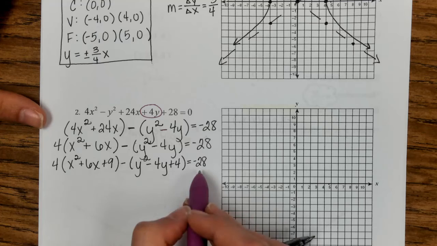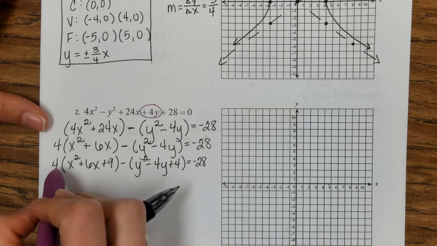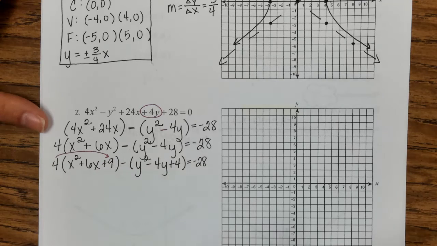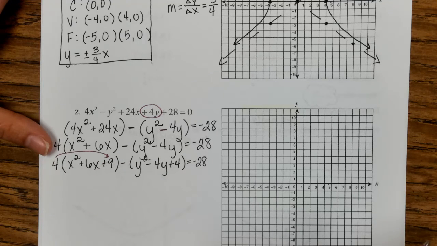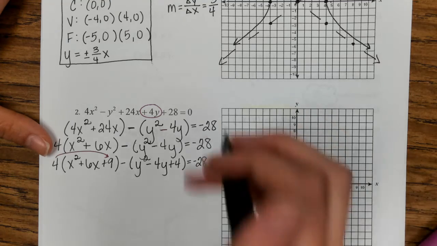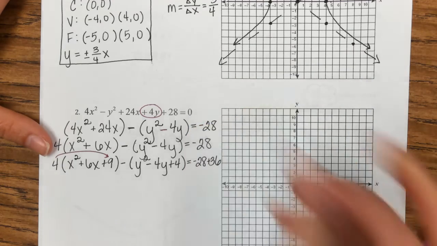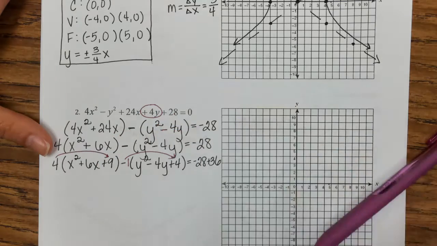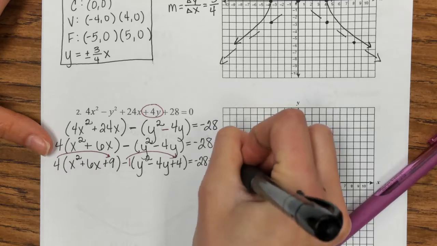Now remember that when you're completing the square, what you write on the right side, you've got to factor in and include that GCF that you took out. So 4 times 9 is going to give me 36. And then a negative 1 times 4 is going to be a negative 4.